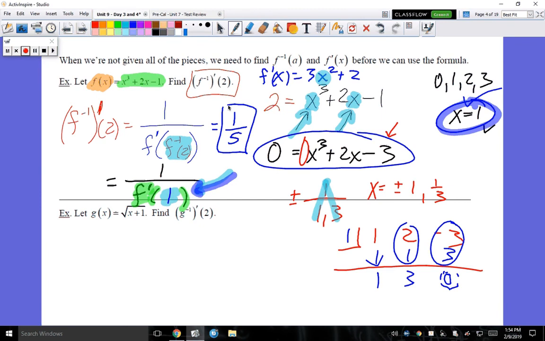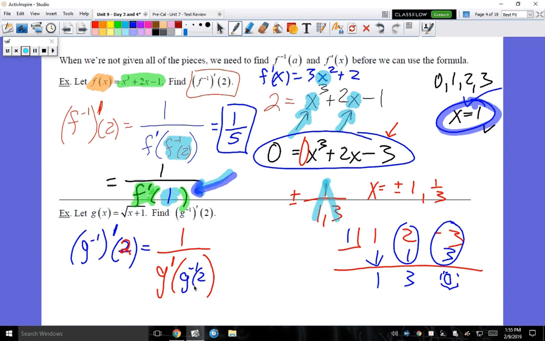Let's do another example. The derivative of the inverse evaluated at 2 is going to be 1 over g prime at the inverse of g at 2.